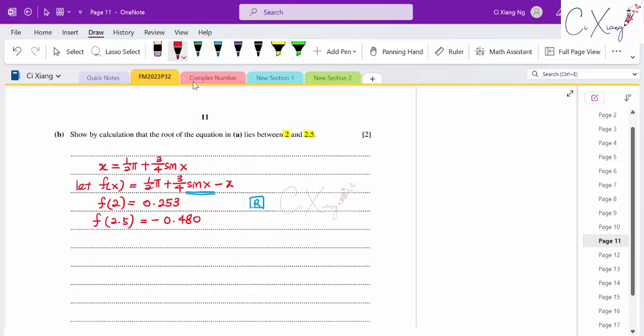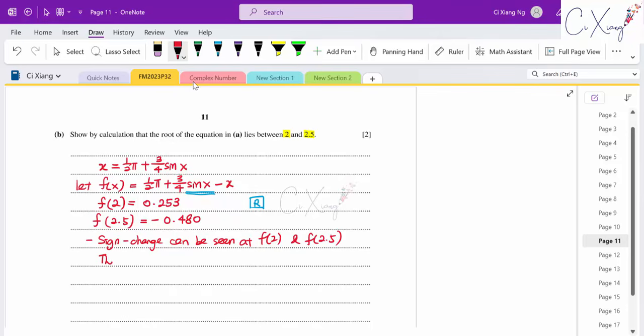Right, so from here you can see very clearly that we have a sign change. One value is positive, one value is negative. When you substitute 2 and 2.5, this means that the root lies between 2 and 2.5. So I will make a simple conclusion for these steps: sign change can be seen at f(2) and also f(2.5).